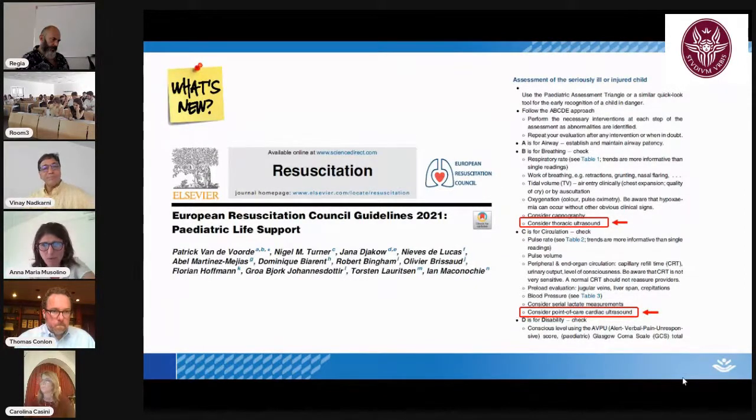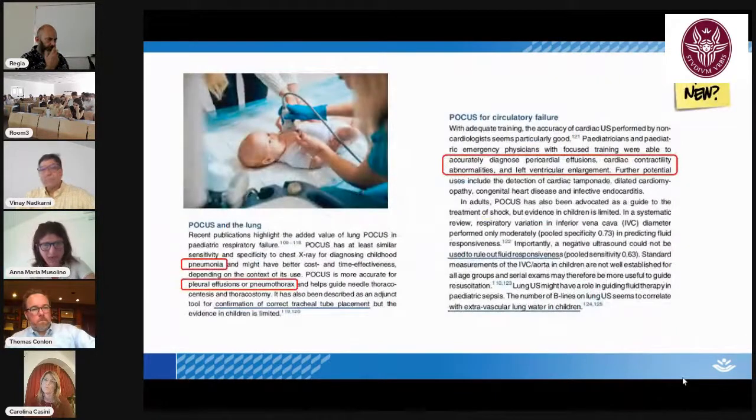And it's the same when you are checking for circulation: consider point-of-care cardiac ultrasound. And why? Because POCUS has at least similar sensitivity and specificity for diagnosing childhood pneumonia, and is more accurate for pleural effusion or pneumothorax. And this is the same for POCUS for circulatory failure, and Professor Colon will tell us later.